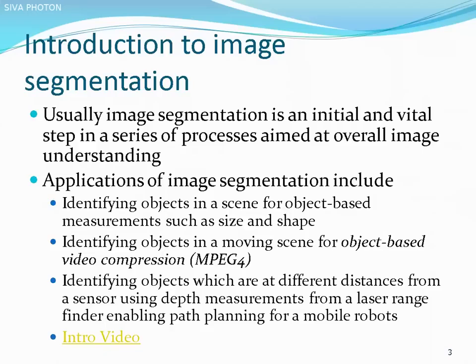You can take the satellite image and identify the size and the shape of the buildings, roads, everything. And based upon the segmentation, you can do some compression or whatever applications you want to do. And there is another thing, like object identification.